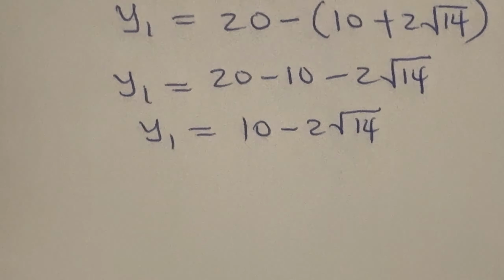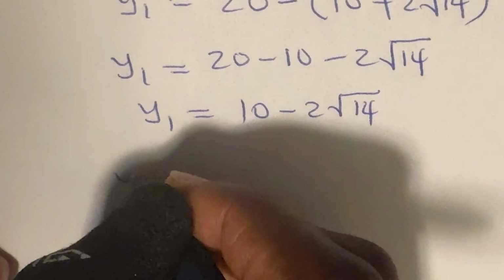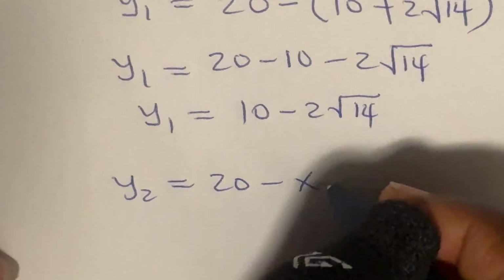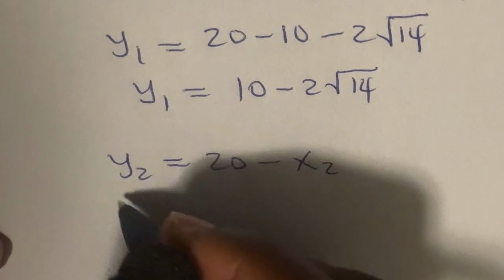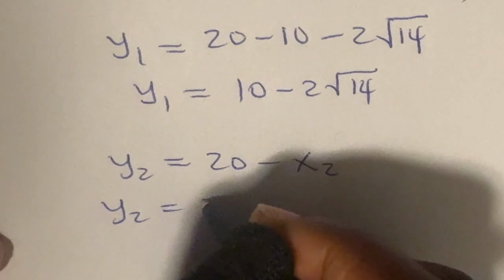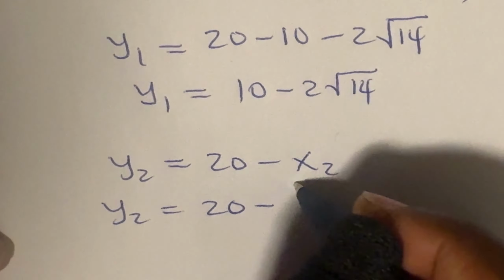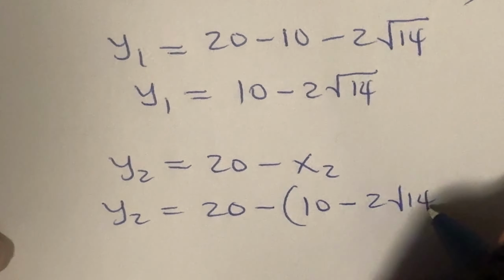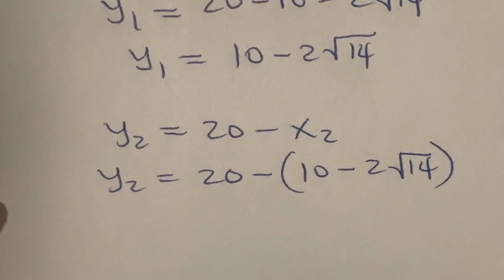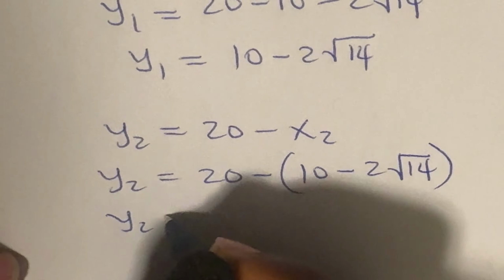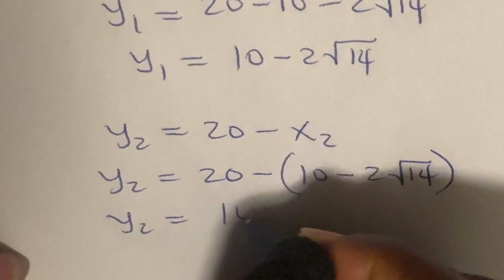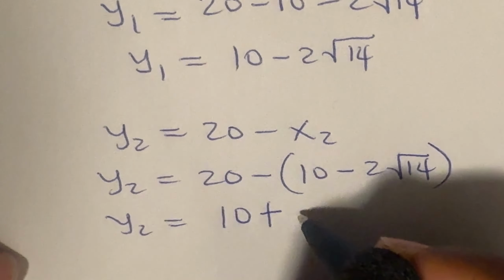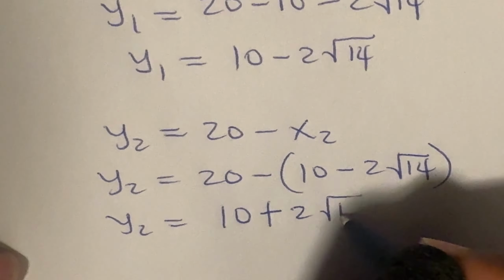In the same vein, y2 is going to be 20 minus x2, and x2 was 10 minus 2 root 14. Therefore, y2 is going to be 20 minus 10 here is 10. Negative times negative is positive, so we have plus 2 root 14.